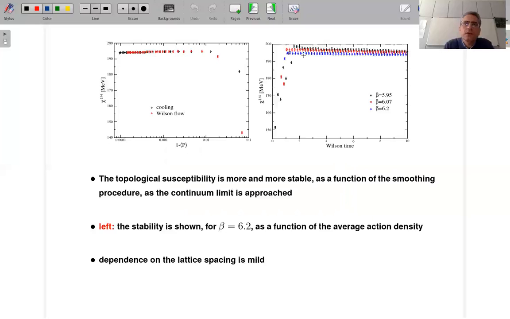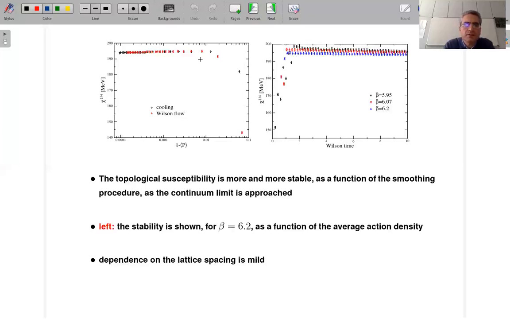But if you look at the average quantities, you can see that the average value of Q squared is practically independent of the smoothing time, and this is better and better visible as you get close to the continuum limit. Here I'm increasing the value of beta, and that means that you are reaching the continuum limit.